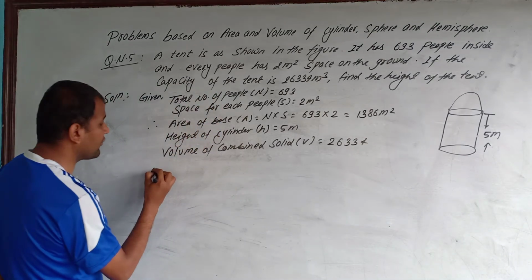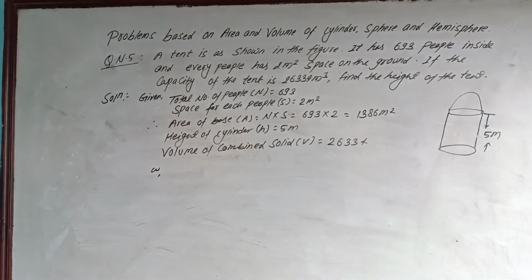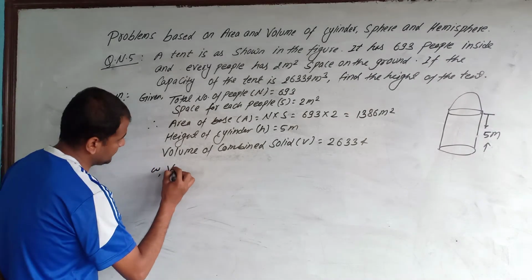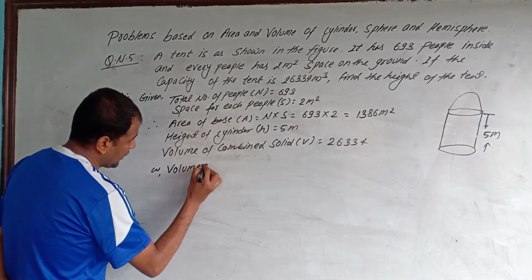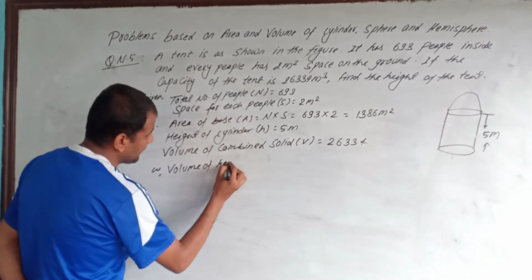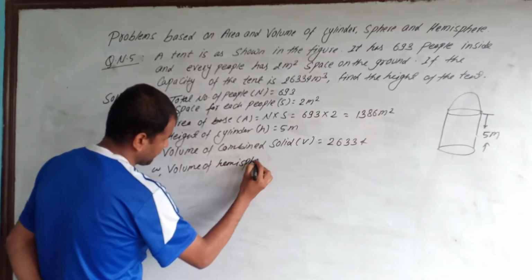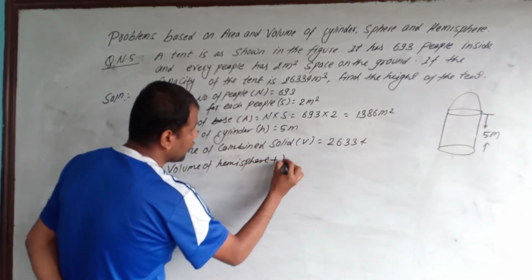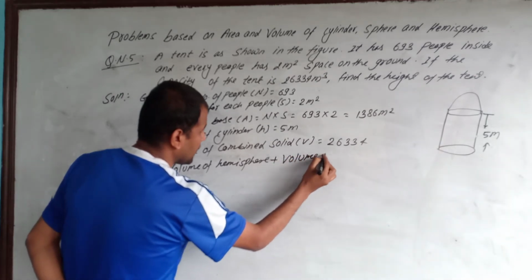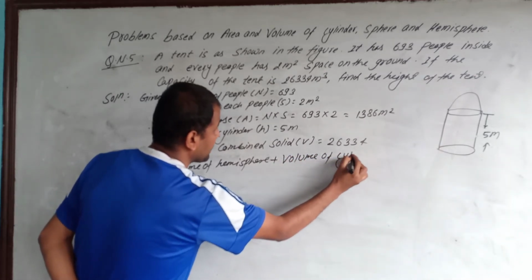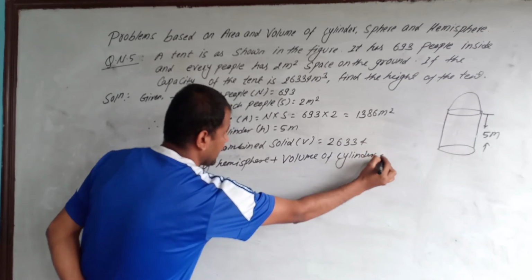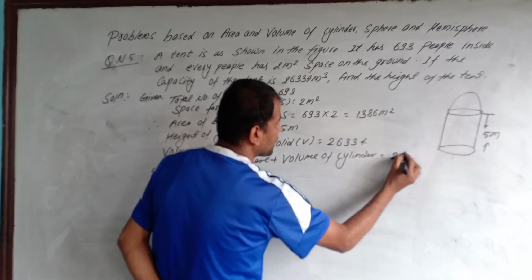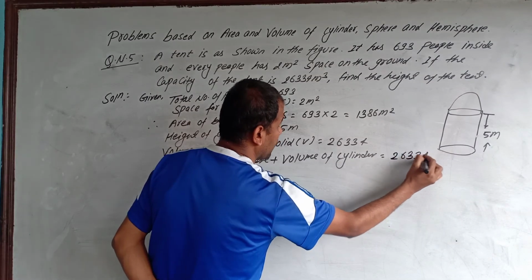We have volume of combined solid is volume of hemisphere plus volume of cylinder, equal to 26334.